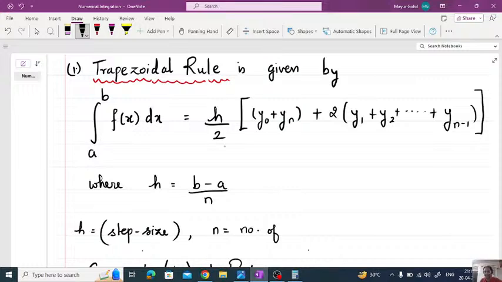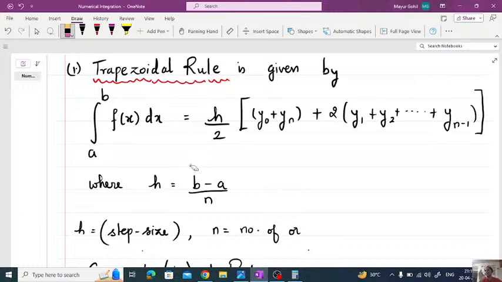It equals the number of portions you divide your interval into, plus 1.